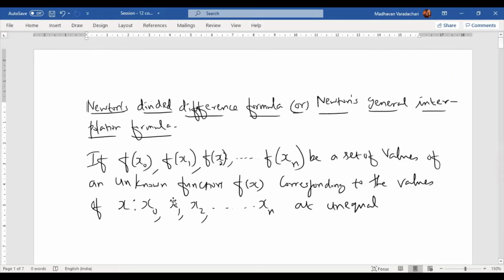Means the gap between x naught and x1, gap between x1 and x2, gap between anything are not the same. Unequal intervals.